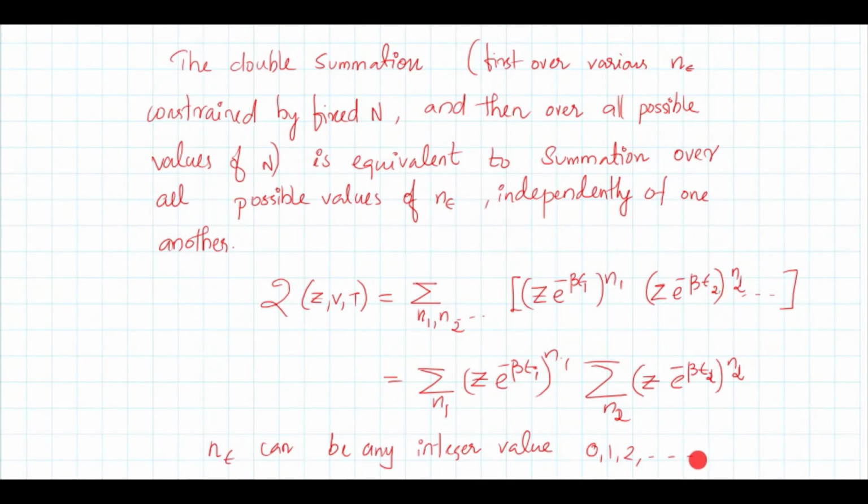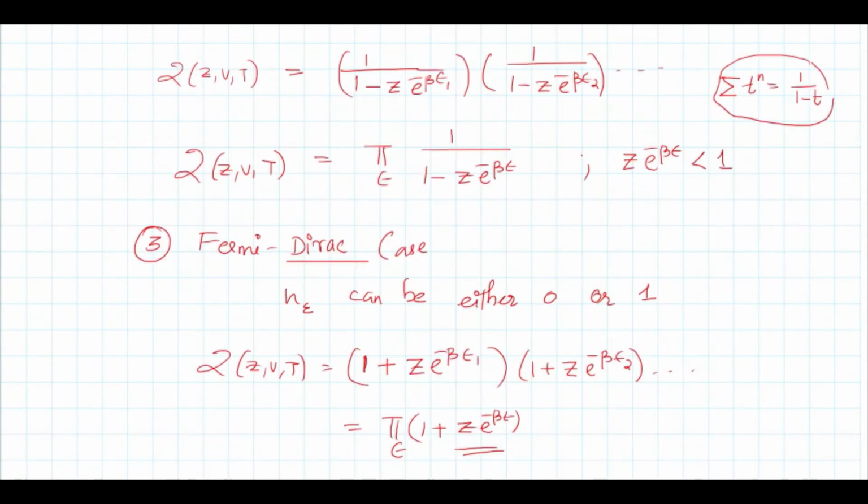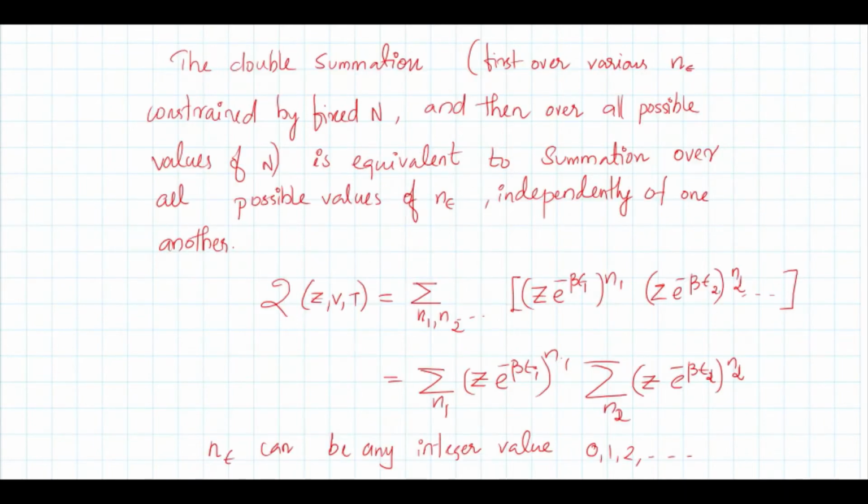Now, we already have a relation like this. Sigma t raised to n is 1 by 1 minus t. And this is applicable only when t is less than 1. Sigma t raised to n is 1 by 1 minus t, provided t is less than 1. So here we have, instead of t, z e raised to minus beta epsilon 1.